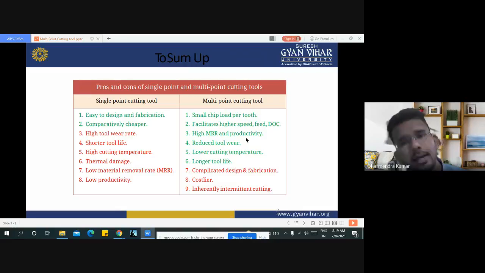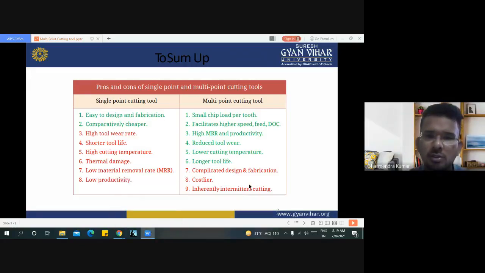On the other hand, the rate of production is slow when we use a single point cutting tool. Low productivity, as already discussed, affects our overall production rate.